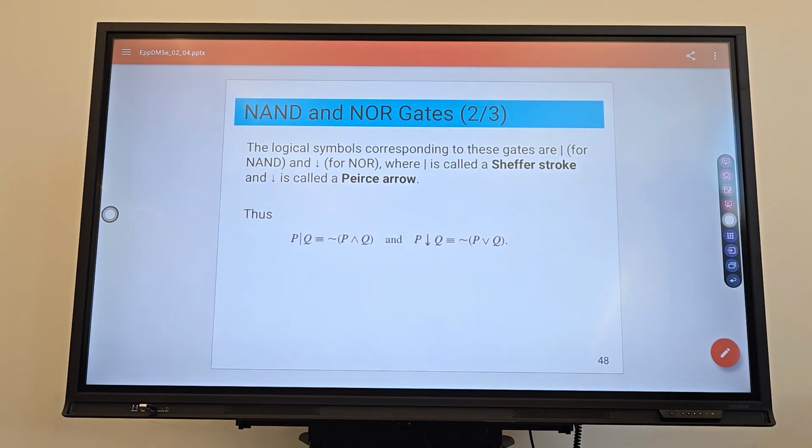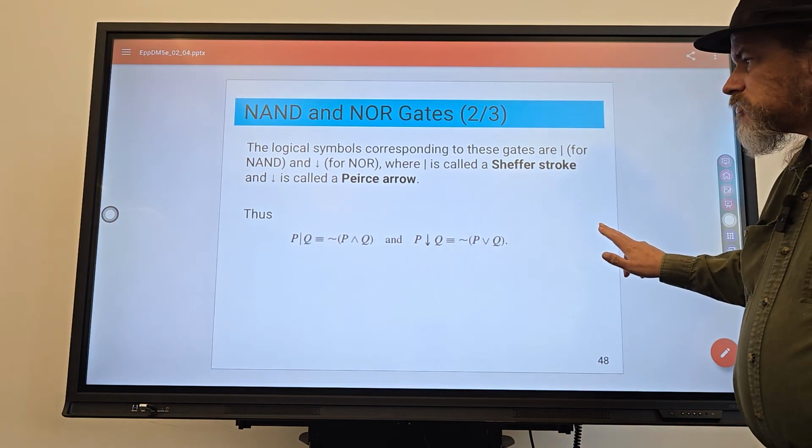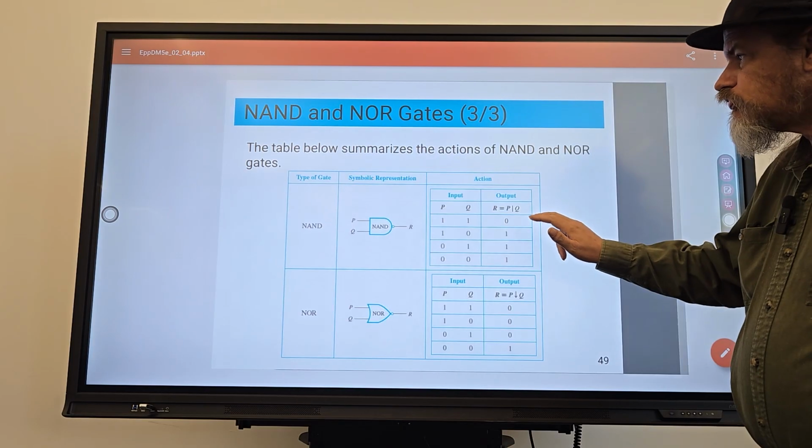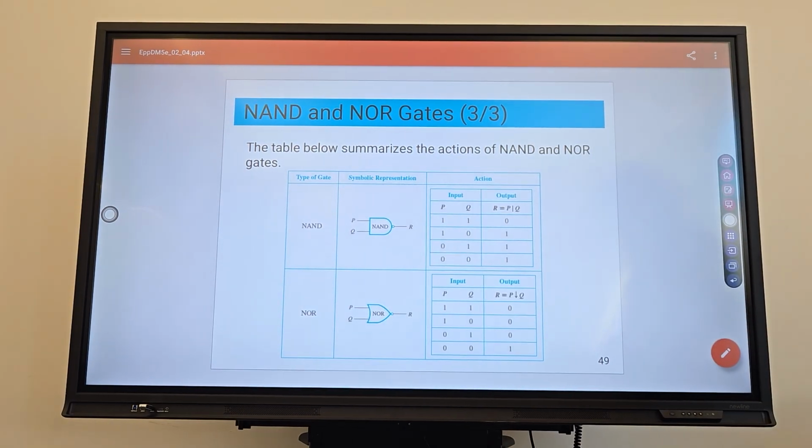The logic symbols corresponding to these gates are the Sheffer stroke and the Pierce arrow for simple notation in logical terms. The table here shows the state tables for the NAND and NOR gates, as well as the symbols used in schematic diagrams.